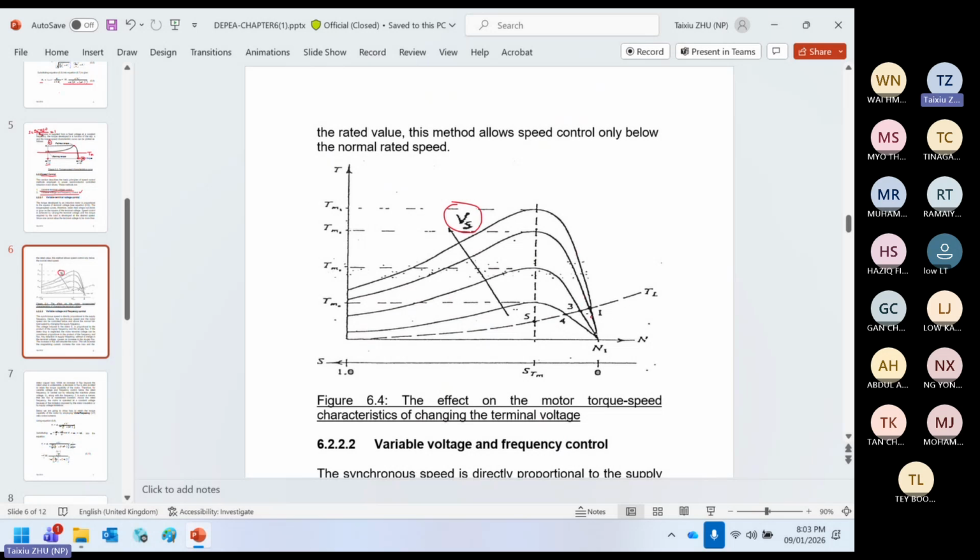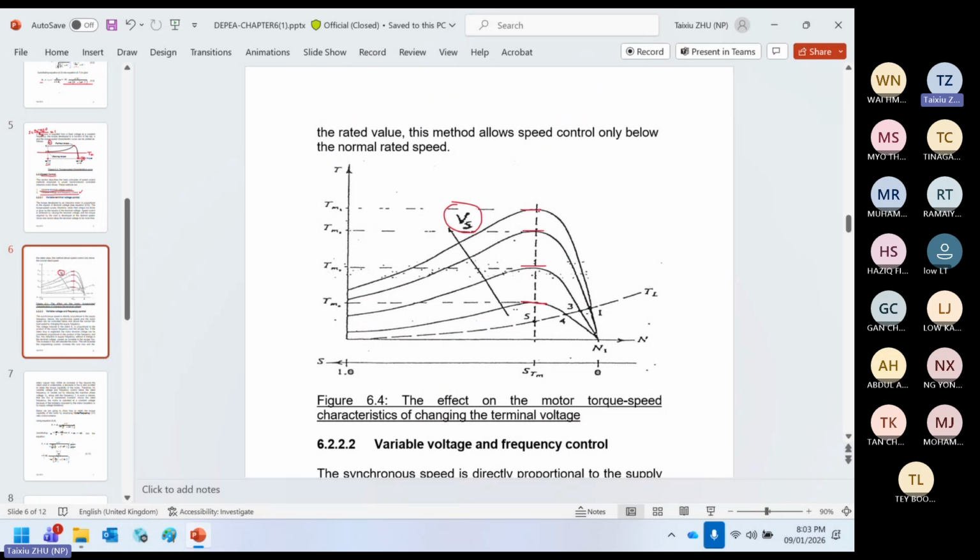It actually changes very little. You see the torque is not constant; it's a function of the speed. When the voltage is very high, the speed is here. This one is the highest voltage. That means we are reducing the voltage from here down to here, then reducing the voltage further.